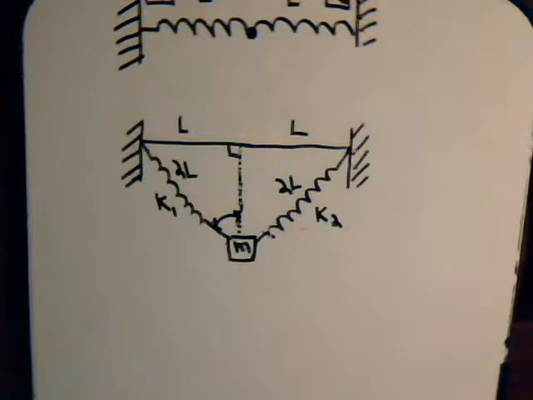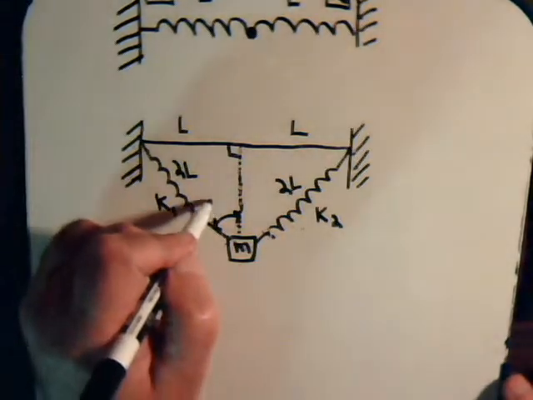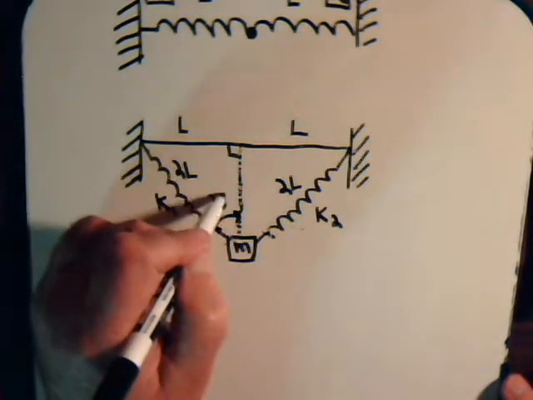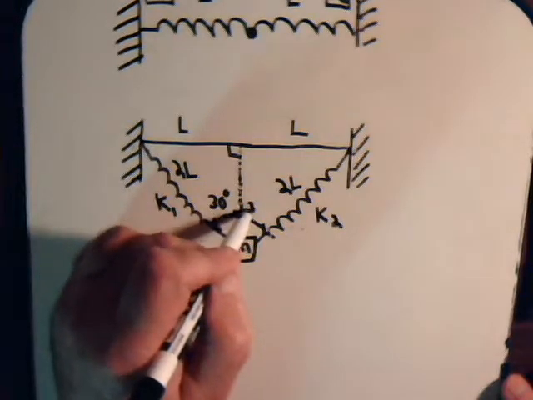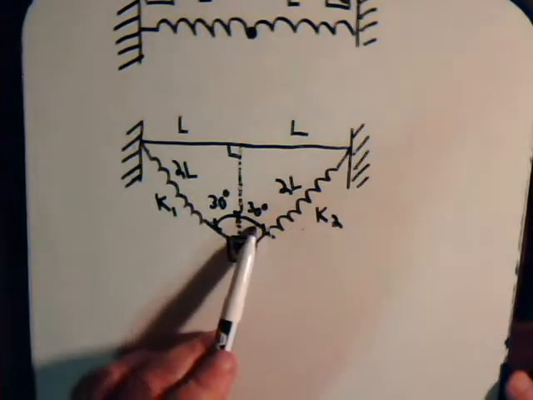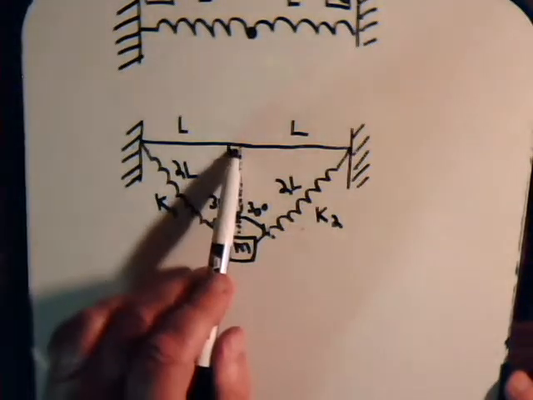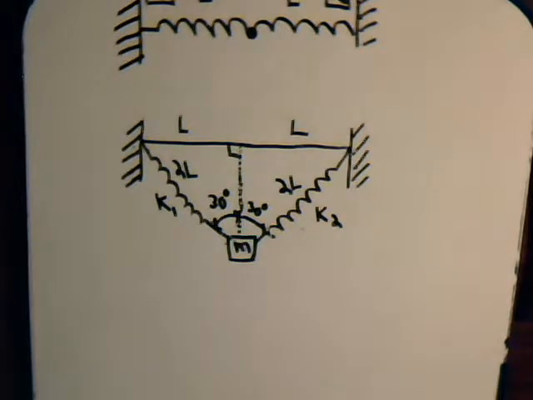That's L divided by 2L, so the sine of this angle is 1/2, so this angle should be 30 degrees, and likewise for this angle, because the sine of this angle will be the side opposite from it, L, again divided by 2L, to give 1/2. So we know that much about it.